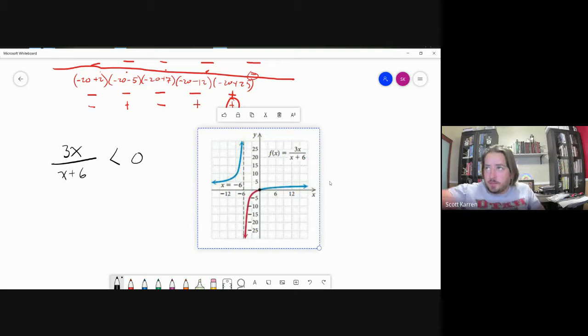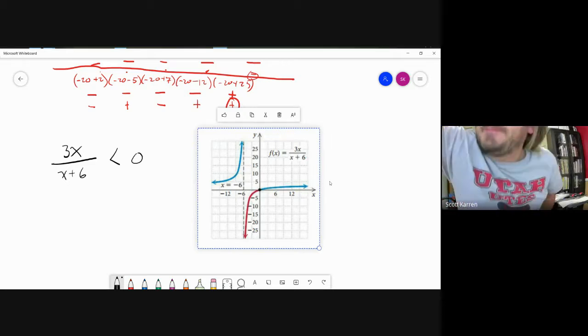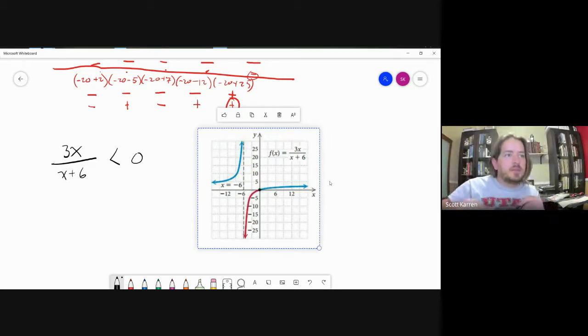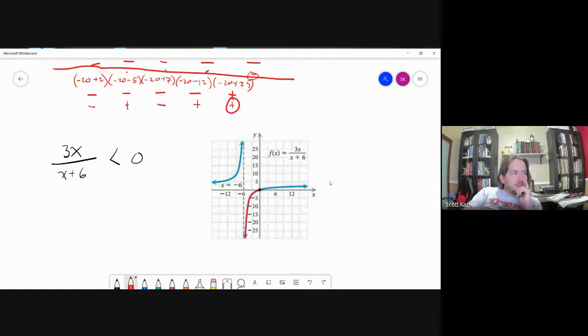And so you can see here if x is equal to -6, we have a 0 in our denominator, right? And that is evident right here. It creates a discontinuity.